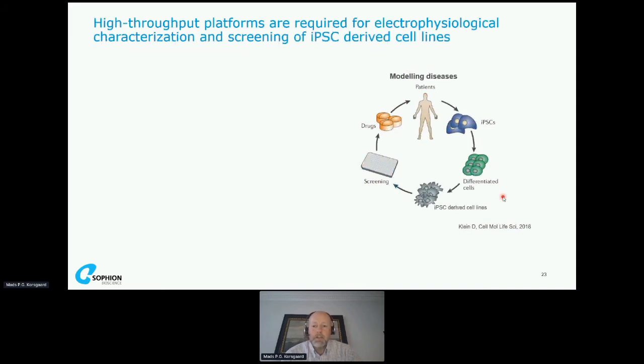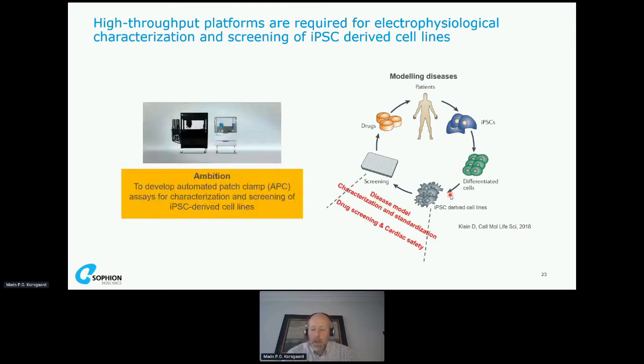Okay, some data from the iPSC world. Many of you know the iPSC, but if you have a patient, in this case, that can make it even more interesting. Technologies now exist, I think since 2007 or so, where you can take somatic cells and reprogram them into iPSC that you can then differentiate into whatever cell you like.